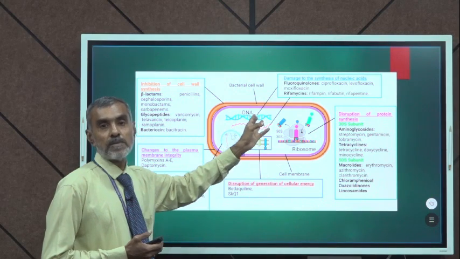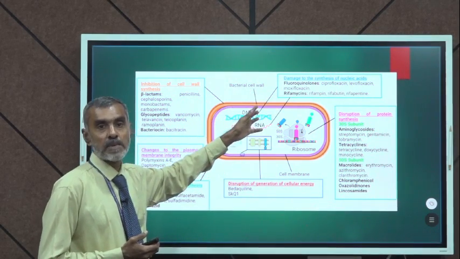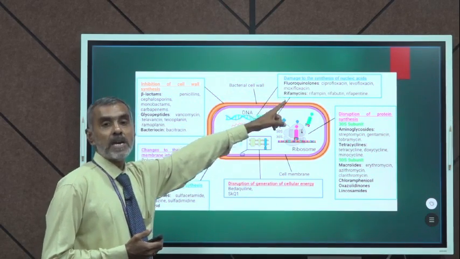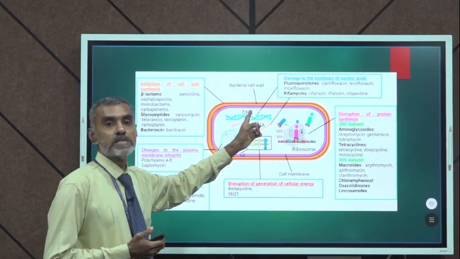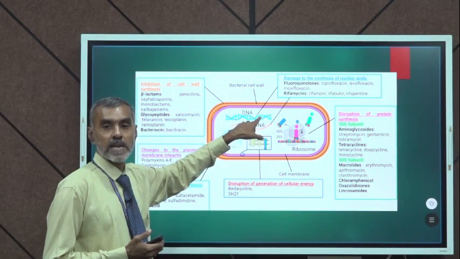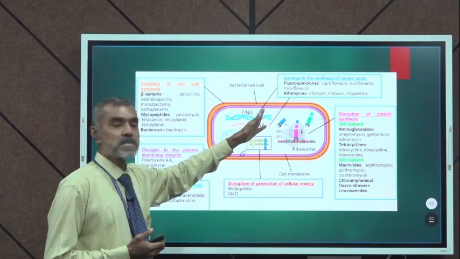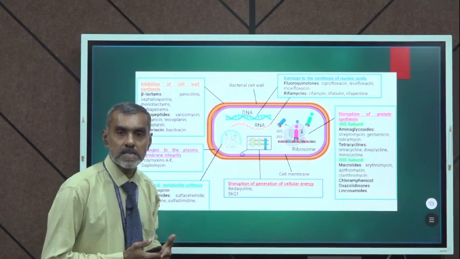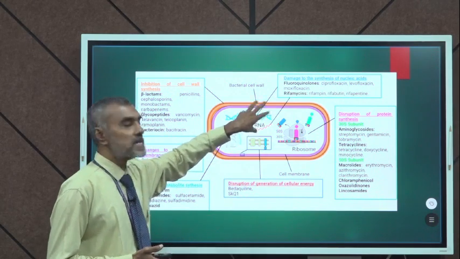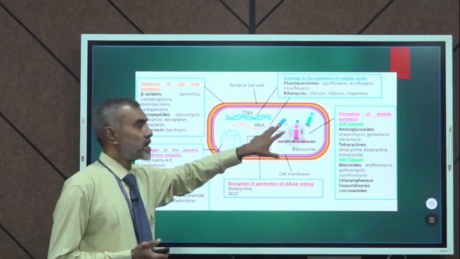Here also specific enzymes are involved in the DNA replication and RNA synthesis process. The antibiotics go and bind to these specific enzymes, whereby they prevent the synthesis of either RNA or DNA. So, this is another major mechanism used by antibiotics to control the microorganism.